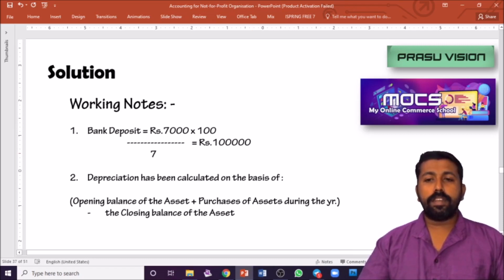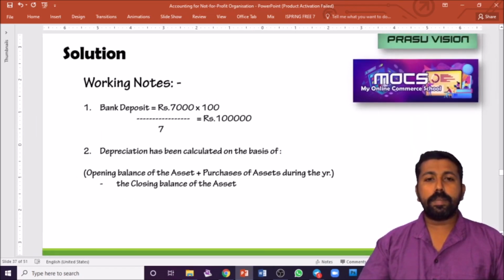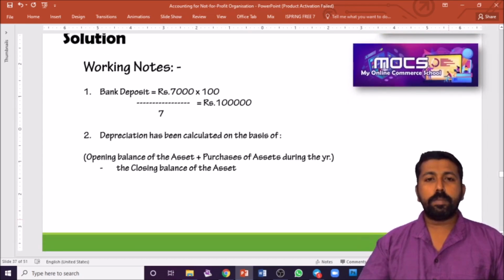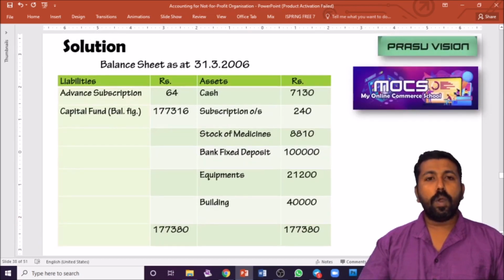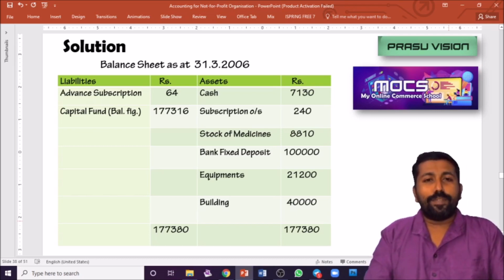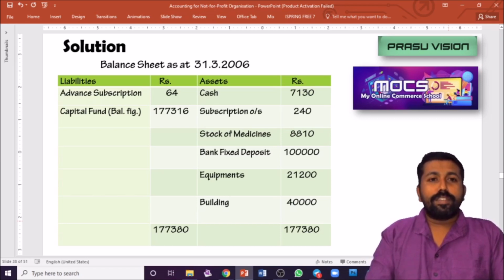And remember, we prepared the income and expenditure account. Next, we have to prepare the opening balance sheet. The opening balance sheet is prepared only for the purpose of calculating the amount of capital fund at the beginning of the year. Normally, there will be no amount of capital fund in the question.